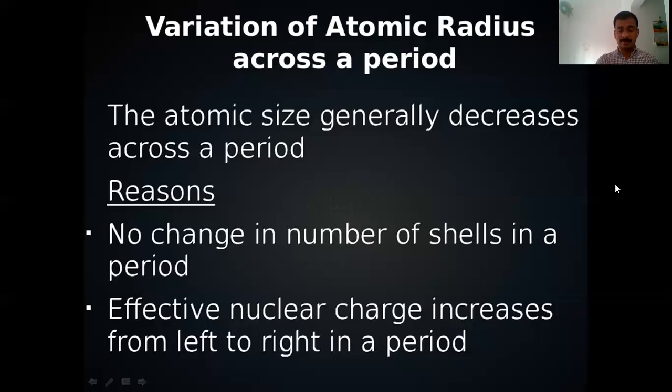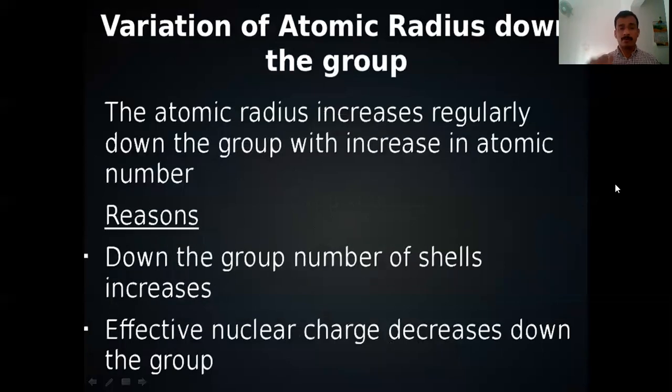These are the reasons. And what is the variation down the group? You know, as we move down the group, what happens? The number of shells increases. If there is an increase in number of shells, surely the atomic size or atomic radius will increase. So we can say the atomic radius increases regularly down the group with increase in atomic number.